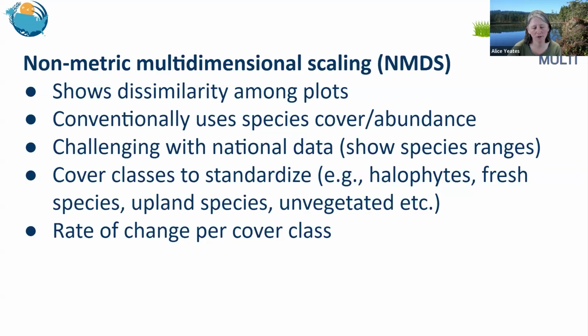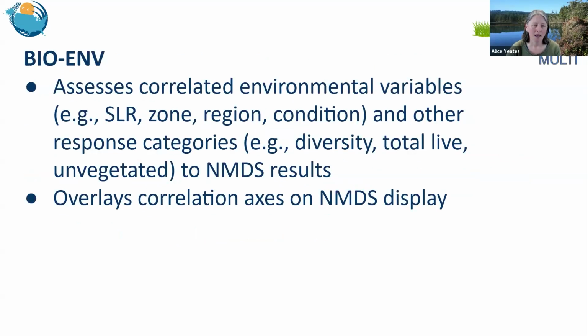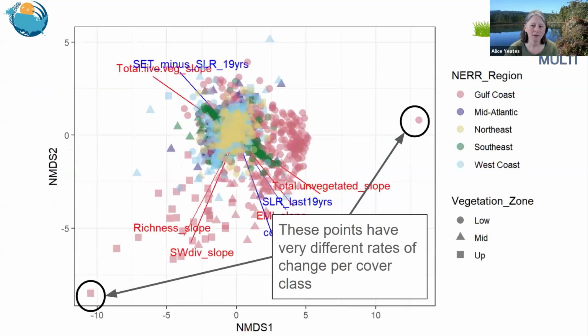So each of the points that you'll see is a change rather than an individual percent cover. Next. And then we use BioEnv, which is a way of assessing correlated environmental variables such as sea level rise, zone, region, etc. And other categories such as diversity. And that overlays these axes on our NMDS plots. So next slide, I'll show you what that means.